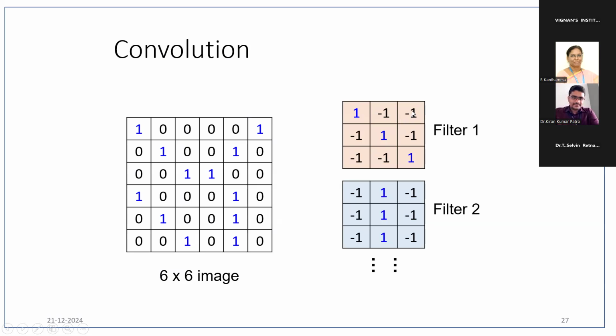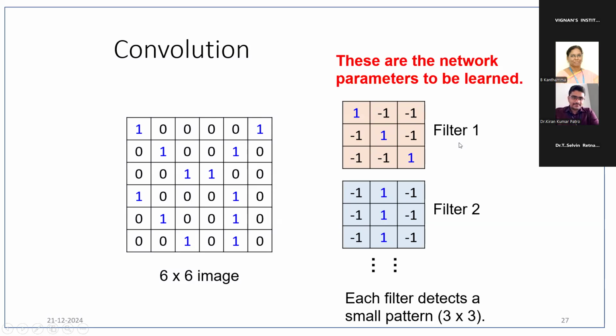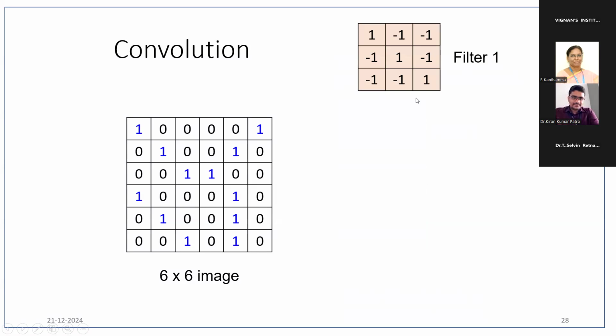Each is a kernel of 3x3. This 6x6 binary image is my input data, applied to the convolutional layer. We will see what happens. This is my 3x3 convolutional filter, and I have to map it to the input image.